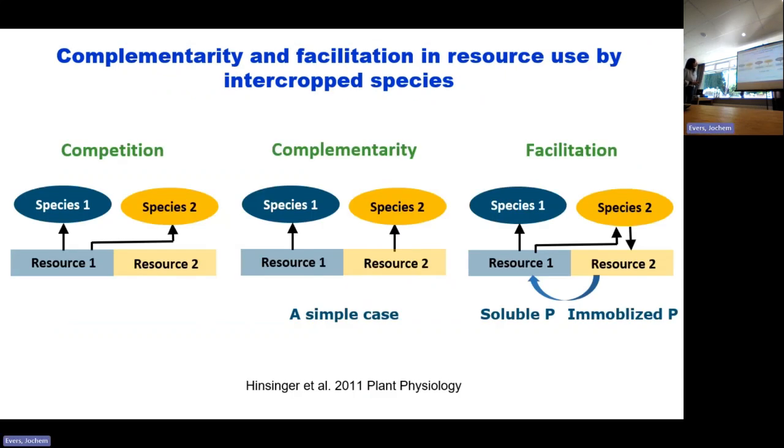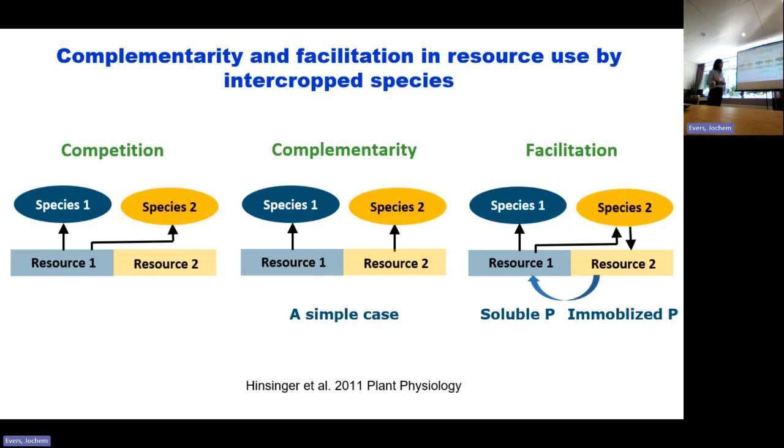So what are the definitions of complementarity and facilitation in resource use? In this figure, on the left, we can see if two crop species use a single source, there will be competition, right? But if two crop species use different resources, in the soil or for the light, or use the same resources at different times, there will be complementarity.